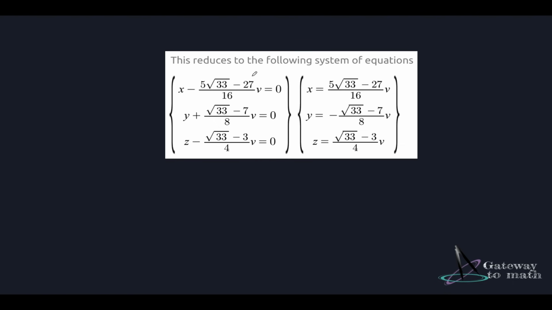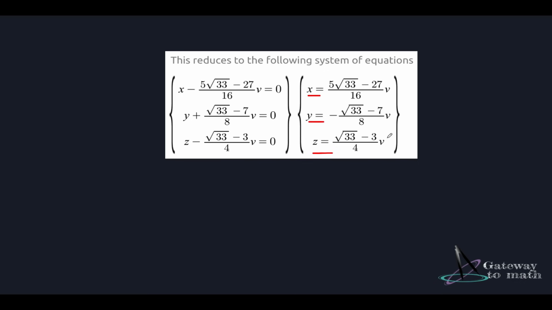So let's bring these values to the right hand side of the equation. This becomes x equals (5 under root 33 minus 27) upon 16 times v, y equals minus (under root of 33 minus 7) upon 8 times v, z equals (under root of 33 minus 3) upon 4 times v respectively. So these are the values of x, y, and z.